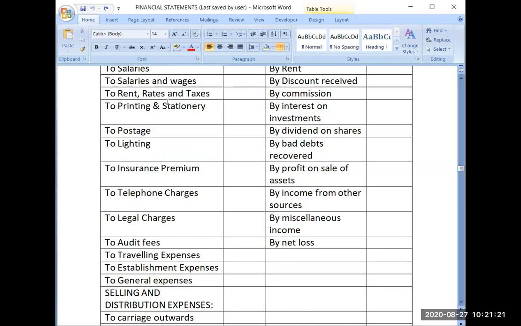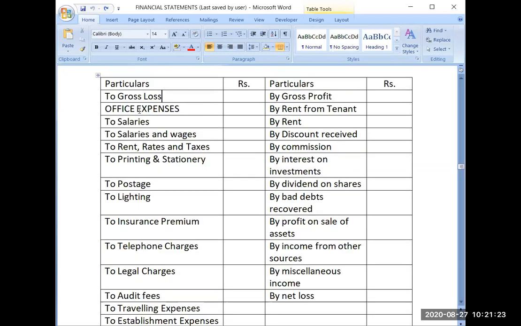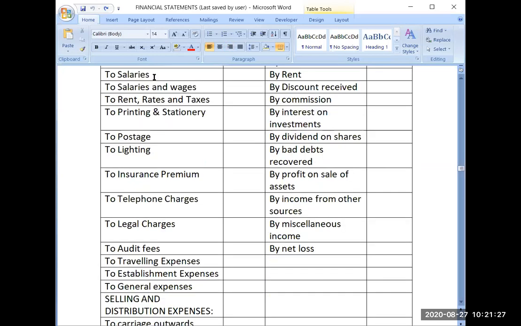Now see the list of expenses. First, we are discussing the office and administration expenses. Salaries you are paying to your employees, salaries and wages. This is similar to wages and salaries we discussed in the trading account. Wages are of very nominal value, that's why we have not kept a separate account for wages. We have merged the wages with salaries only.